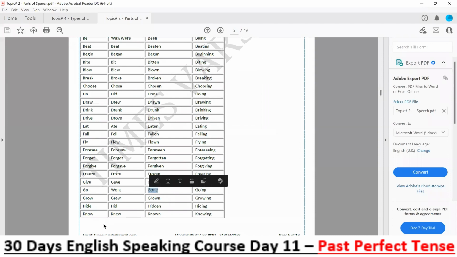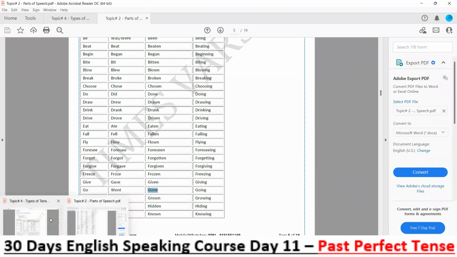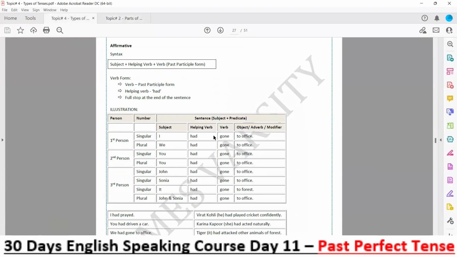The third form of the verb is used in perfect tense. So since it is past perfect, the verb form gone is used here. The same helping verb is used. So, I had gone to office.